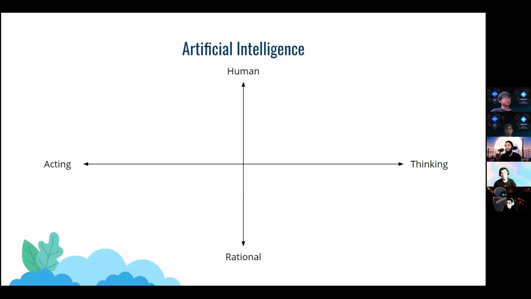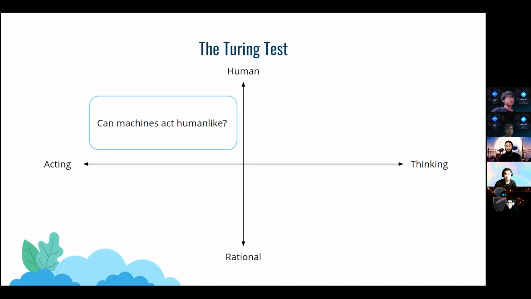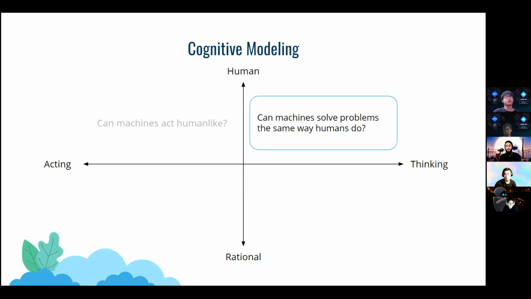There are two axes you can think of: acting versus thinking, and human versus rational. One very old school of thought is the Turing Test, also called the imitation game, which asks, can machines act like humans? Another school of thought asks if machines can solve problems the same way humans do.